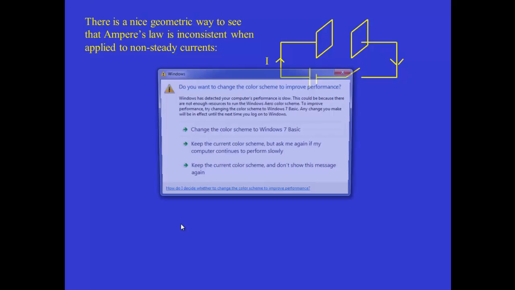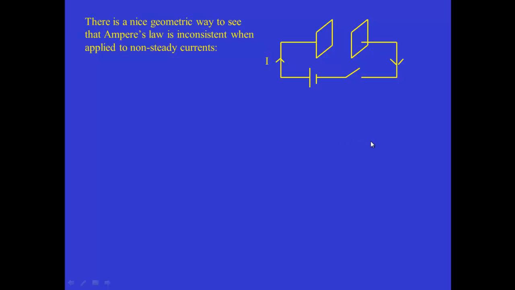There's a nice geometrical way to see how this inconsistency arises, and to give it a little bit of physical meaning, let's imagine that we have a charging capacitor, so that when we close the switch, there's a power supply. These two plates of a parallel plate capacitor, I've drawn them pretty far apart so that I can do another illustration in just a moment.